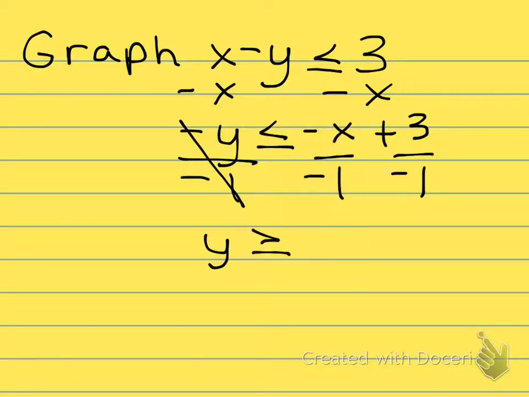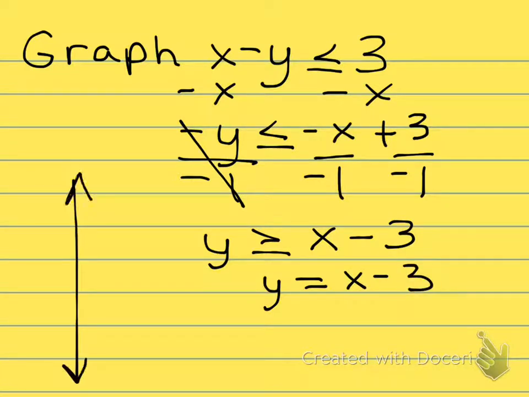So I get positive x over 1, or just x, minus 3. And that is what I'm going to graph, or at least I'm going to graph y equals x minus 3. So I start at -3 on my y-axis, and then I go up 1 over 1 for my slope.